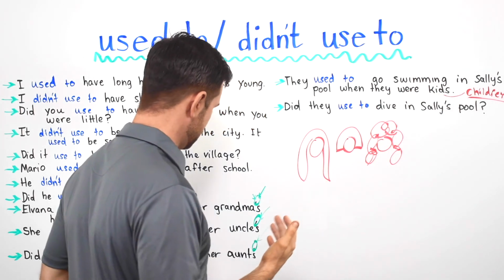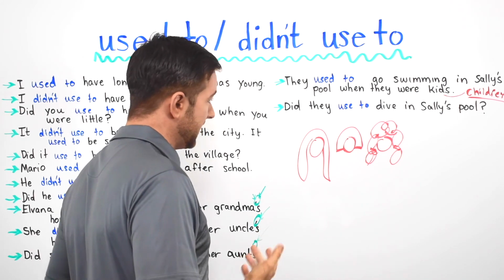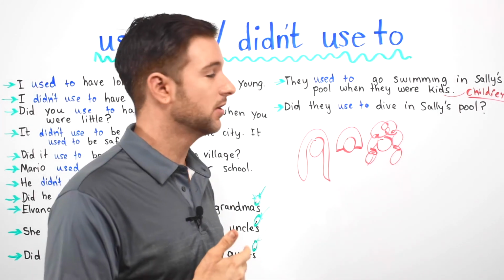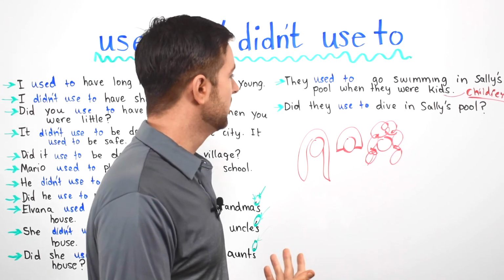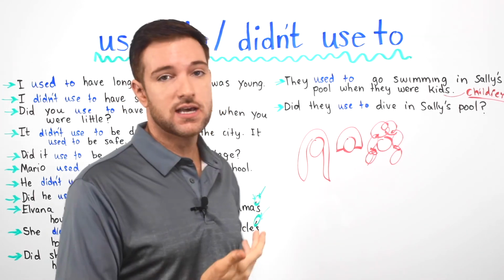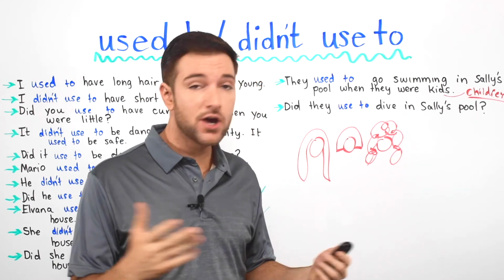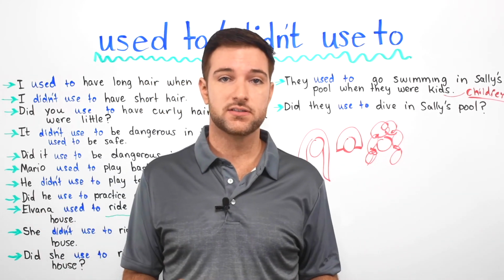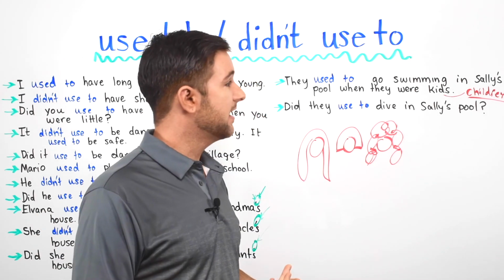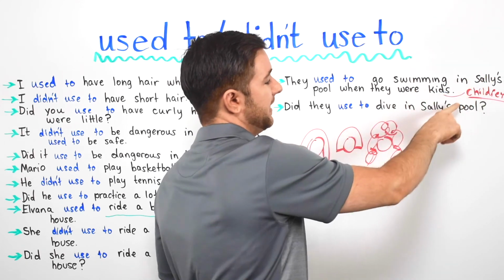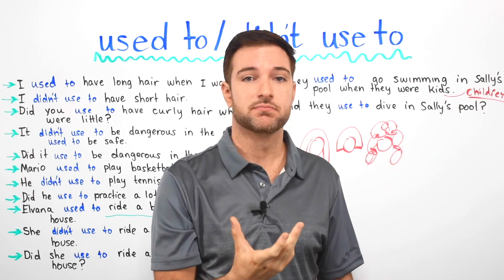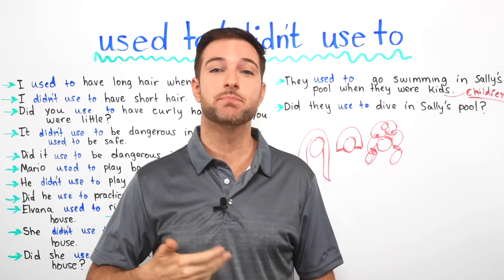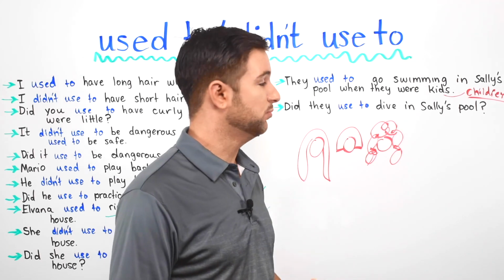And you could say, yes, they used to, or no, they didn't used to. Or you could say, yes, they used to dive in Sally's pool, or no, they didn't used to dive in Sally's pool. Also notice that we have the apostrophe here and here showing possession. It belongs to Sally. It belongs to her. In this case, the pool.